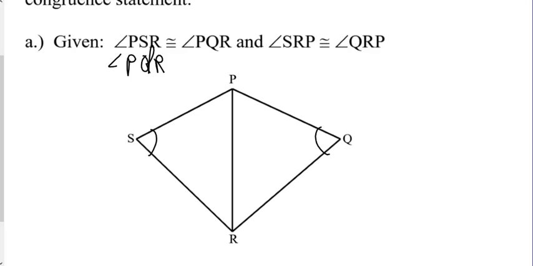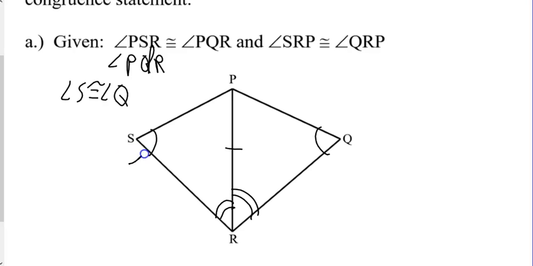Now, this is actually one of those ones where we could have just said angle S is congruent to angle Q because it's the only angle there. And SRP, now this is one where it is important, is this angle right here is congruent to QRP. And then we also know that this side is always equal to itself.